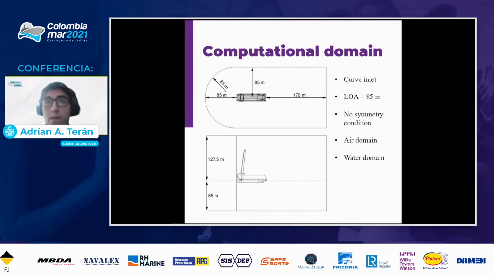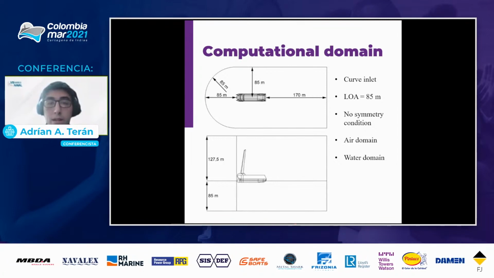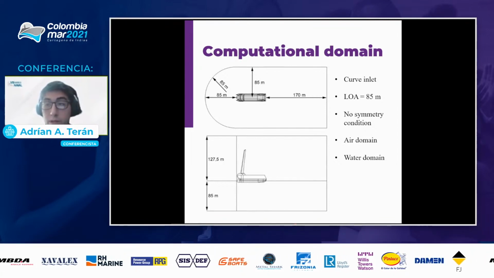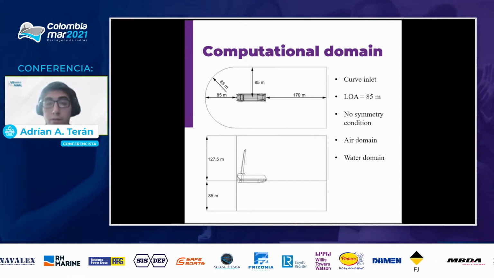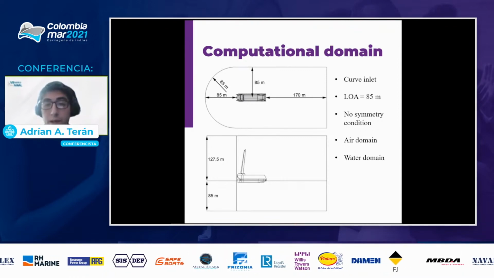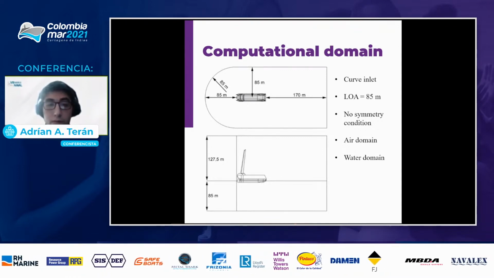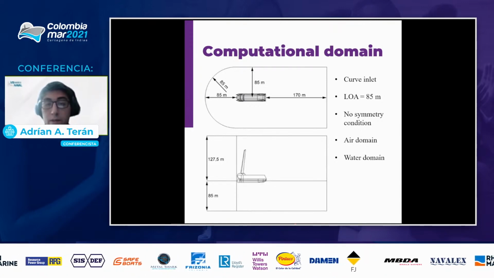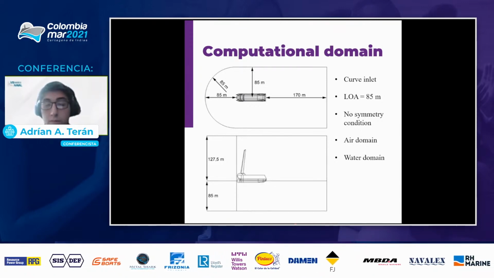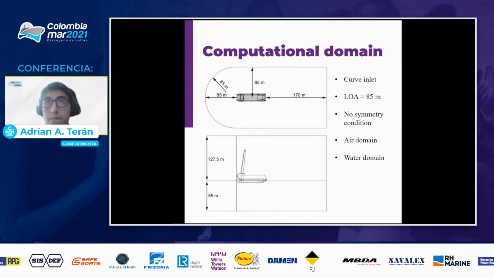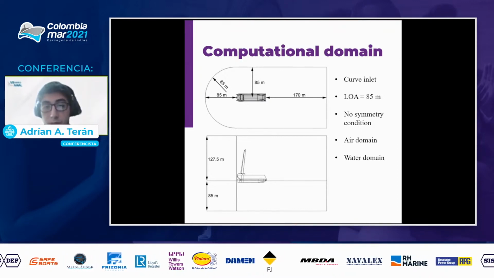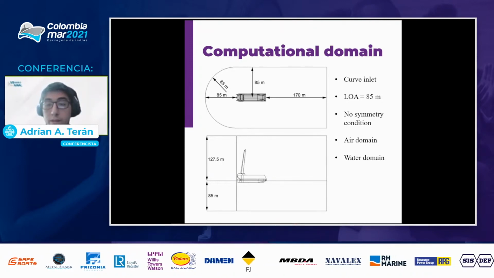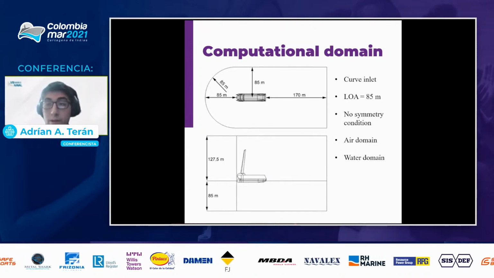That is due to the fact that the air inlet is going to have two components. One is going to be the vessel navigation speed, and then the wind speed will require a curved air inlet so that we can capture these two components. We cannot provide a flat air inlet, as you can see here. This is actually a particular factor of this analysis.